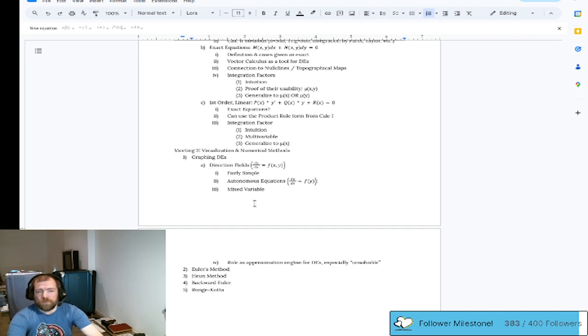Follow that direction field for a specified dx, and then that's your next value for x. And then you repeat the process. So that's Euler. Heun's method, I think, is finding the slope value at your current location and the slope value at your target location, and finding a weighted average. And then following that particular path until you get to wherever you're heading.